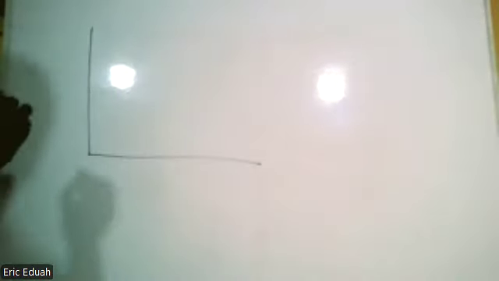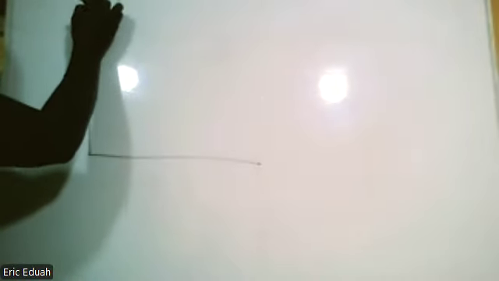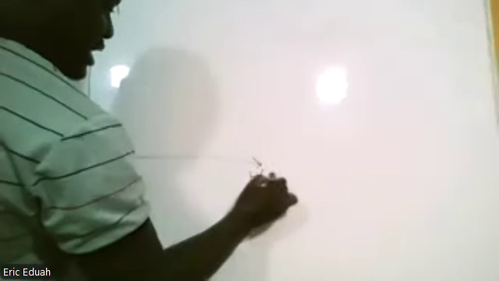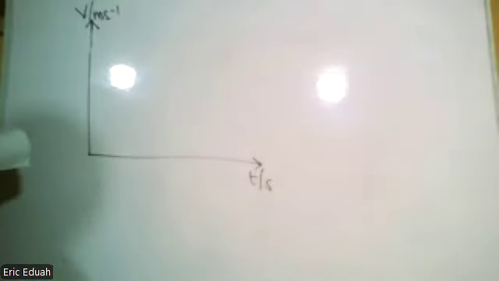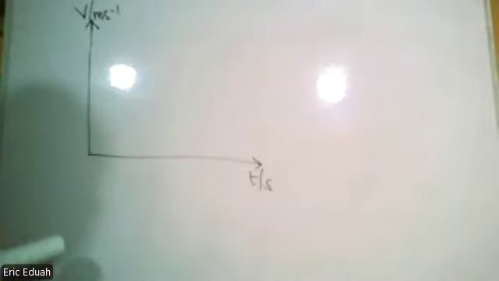So let's try and plot something on the graph. This is a uniformly retarded motion. The velocity-time graph for such a motion, v in meters per second against t in seconds. It's a retardation, meaning the body begins with the maximum velocity and then drops as time goes by.